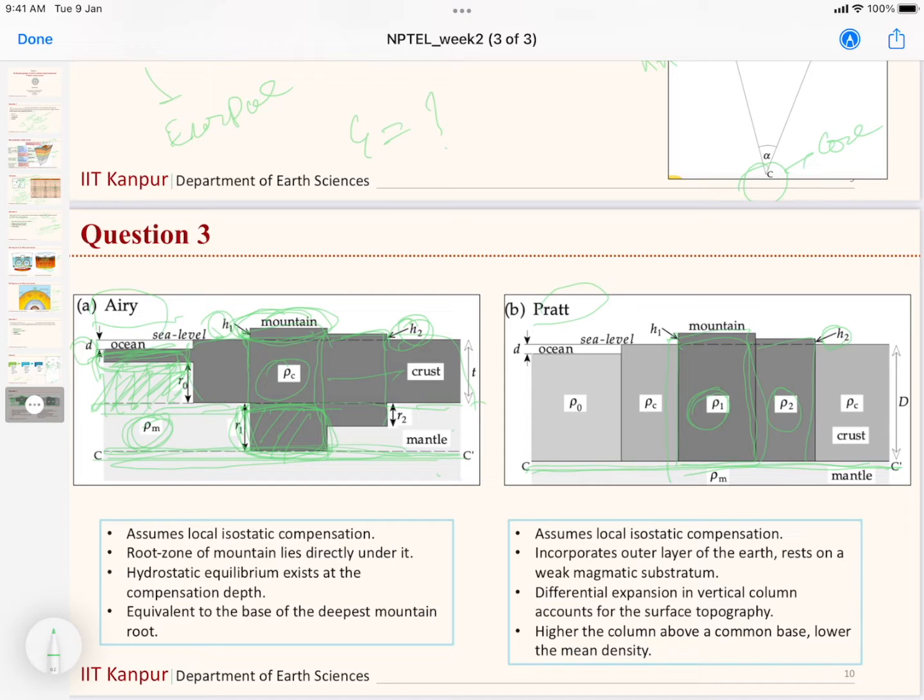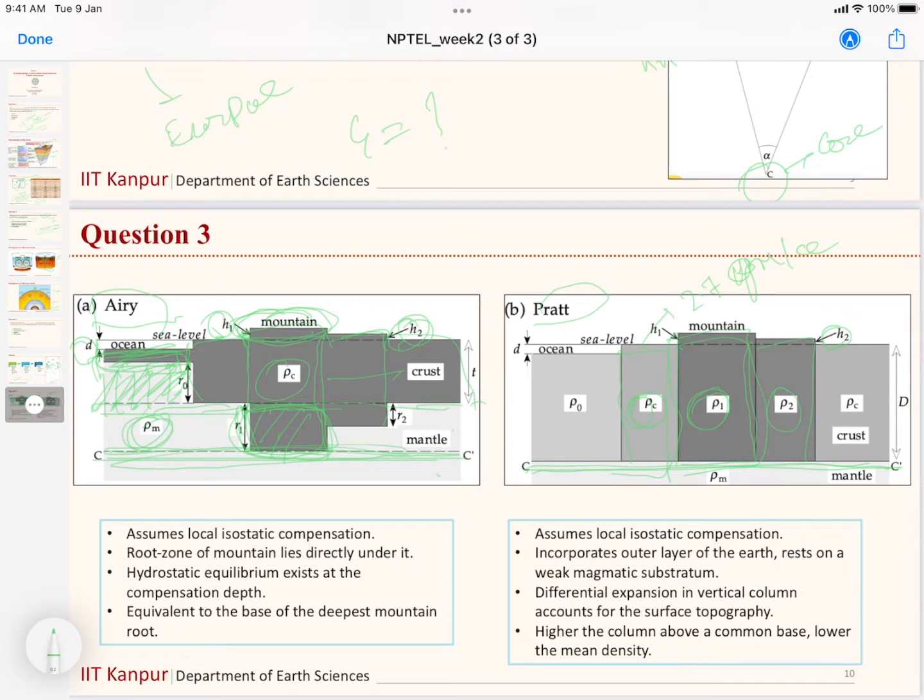And the place where we don't have any extra mass on the surface, we are getting our expected density, that is the density of the crust, which is generally around 2.7 gram per cc.